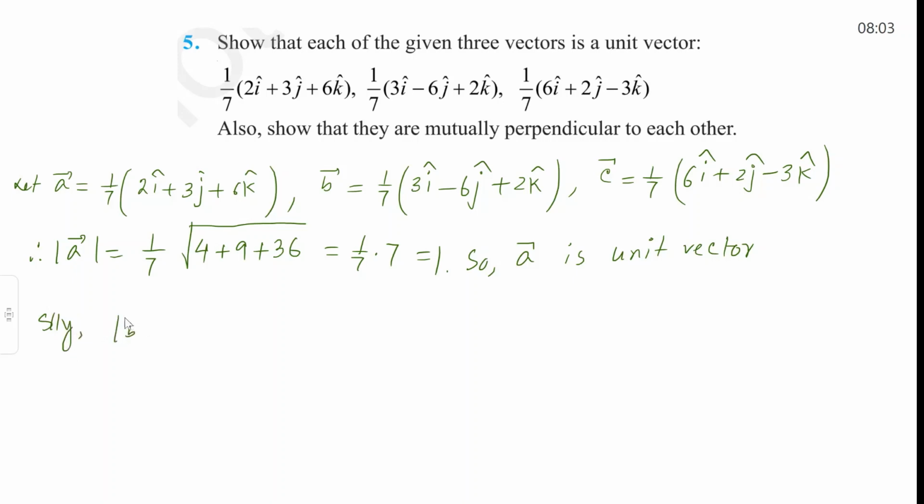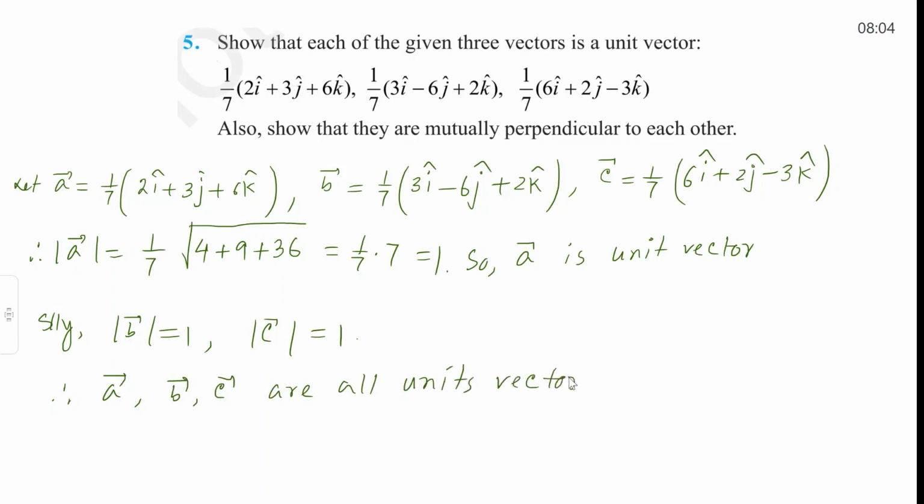Similarly, modulus B bar is equal to 1, modulus C bar is also equal to 1. Therefore A bar, B bar, C bar are all unit vectors. So this is your first part of the question.